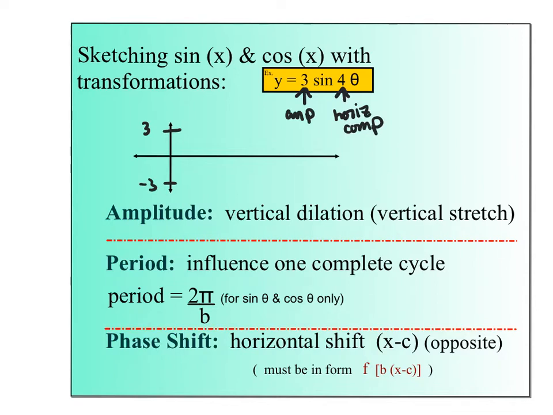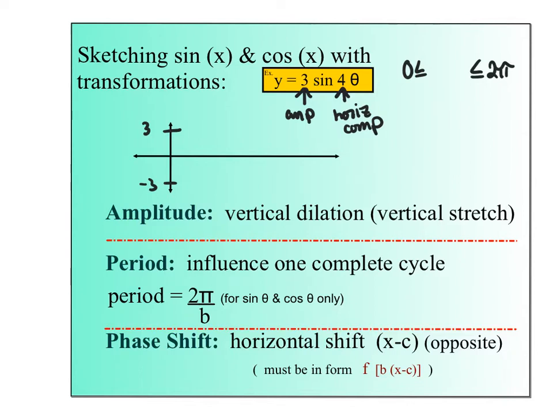Okay, so what is that going to look like? In the past, we've struggled with what kind of transformation to do first when it's horizontal. So I like to do this method to graph trig functions. Sine has a period that goes from 0 to 2 pi. So you have to know the period of each of the trig functions in order for this to work.